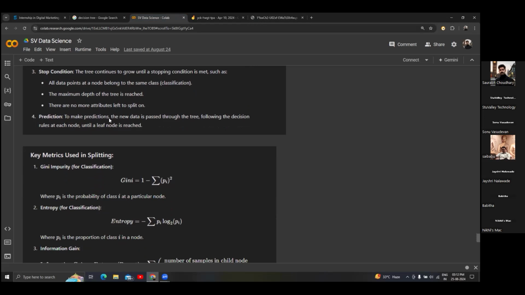How to make the prediction? The data is passed to the tree following the decision rules at each node until a leaf node is reached.